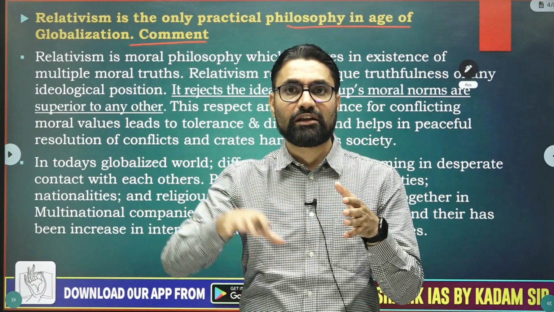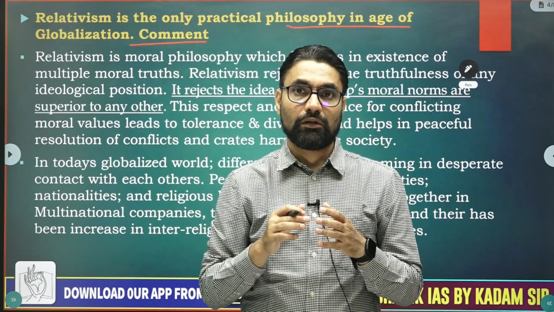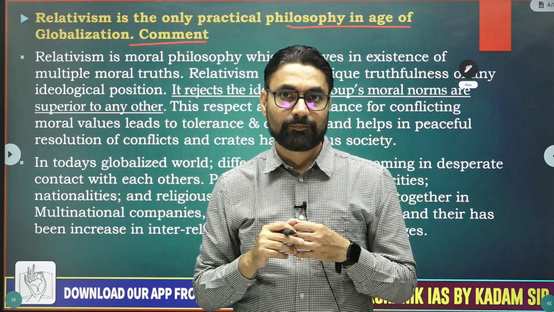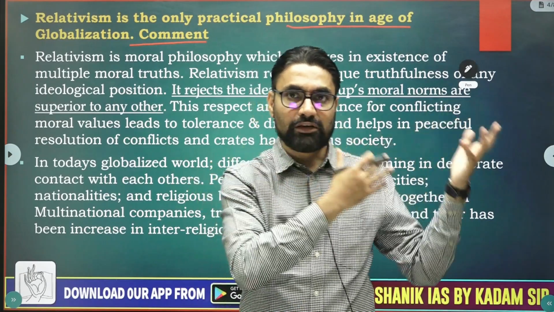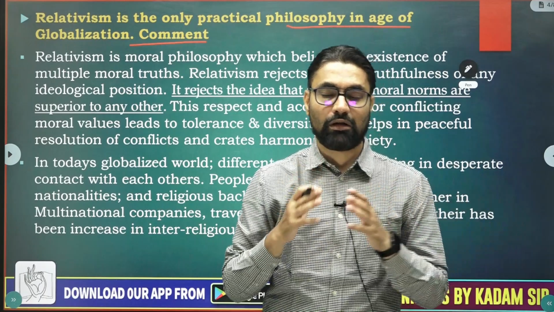In relativism, morality is situation based. Moral justification exists, moral rationalization is possible, and moral exceptions can exist. What I mean by all these points, you can check in my class on absolutism and relativism on my app.